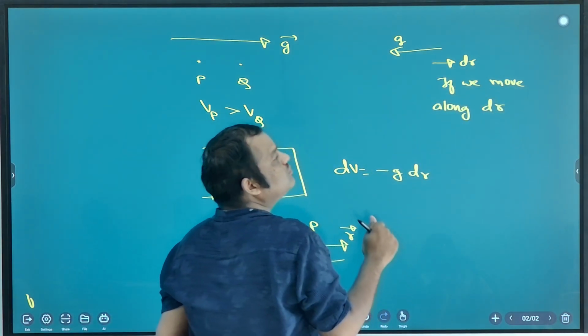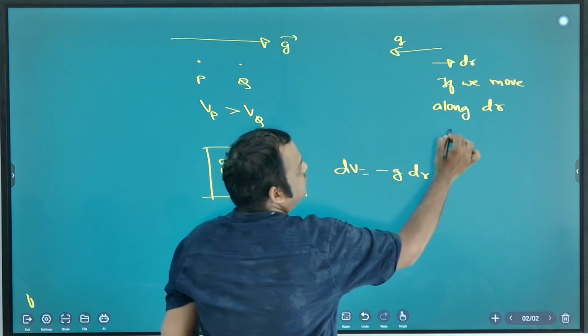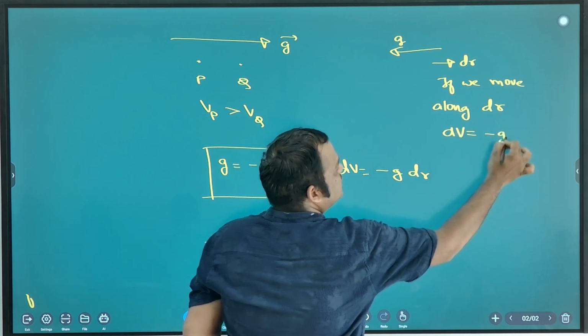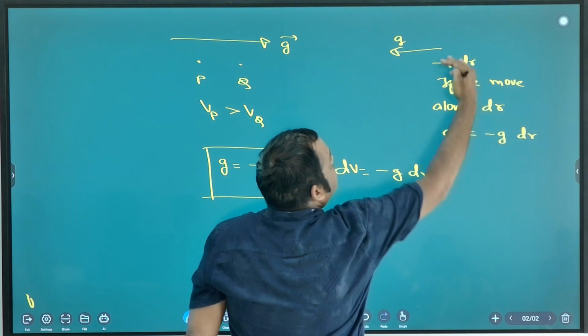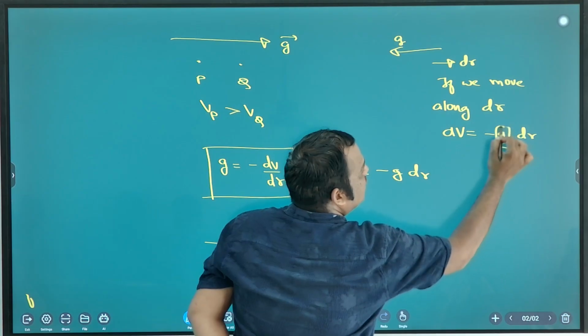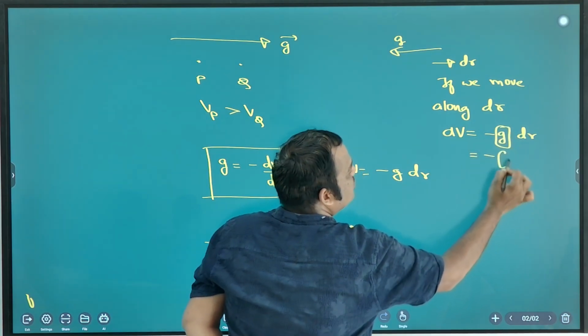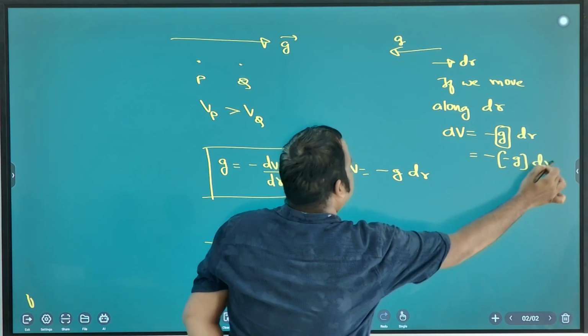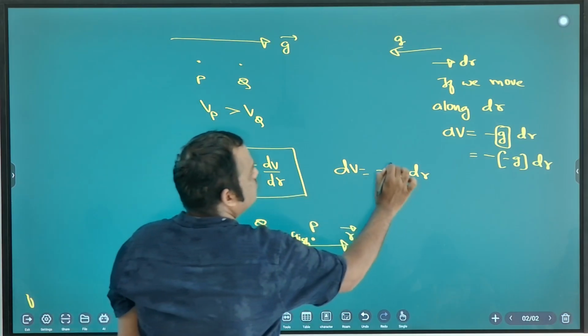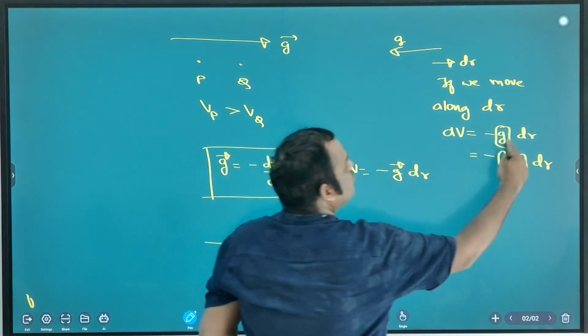Potential increases, correct. So I will write dV is equal to minus G dr, where G is a vector.